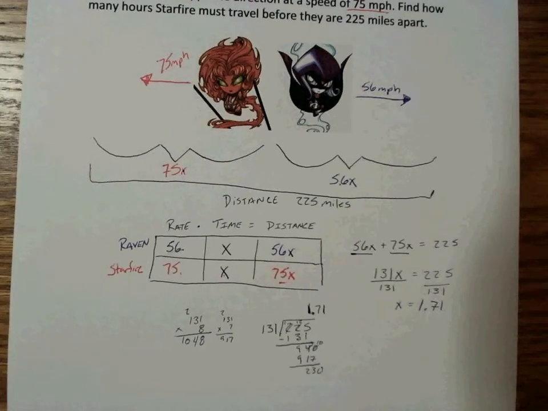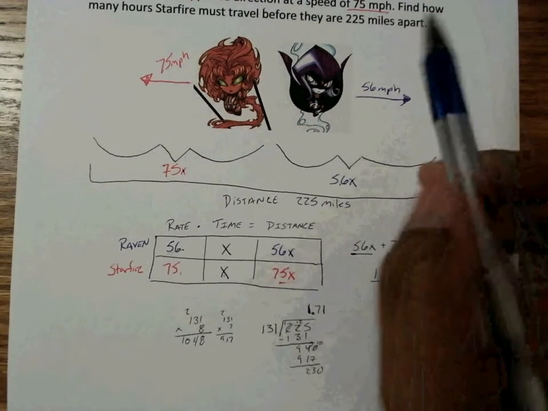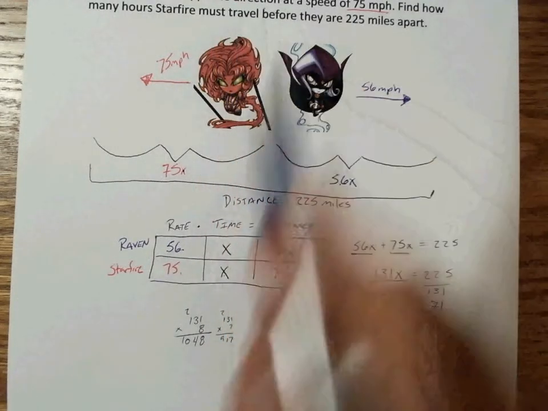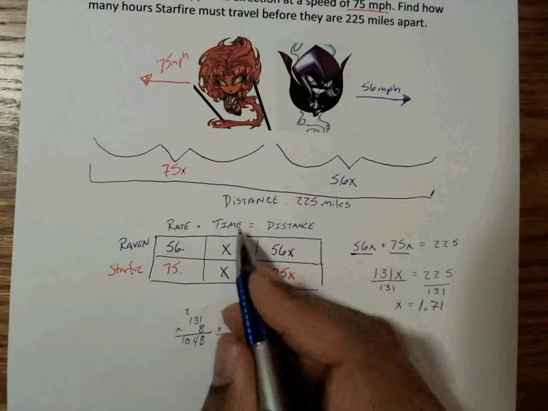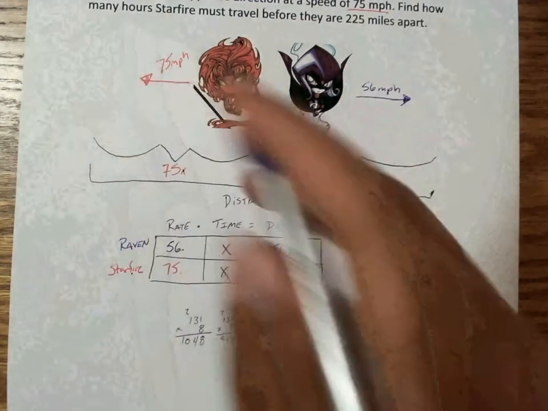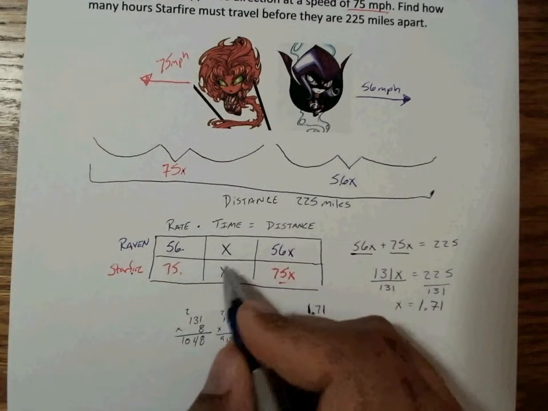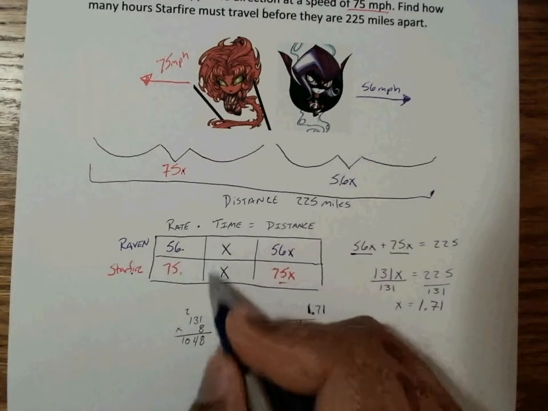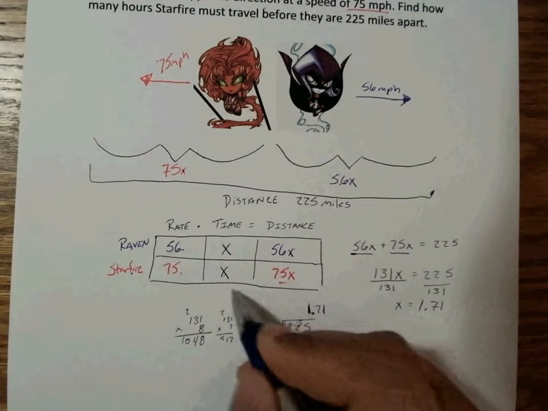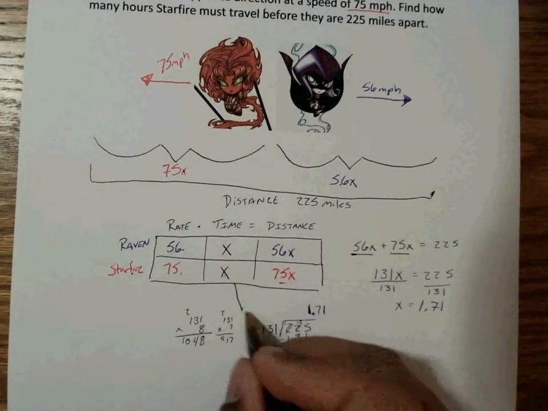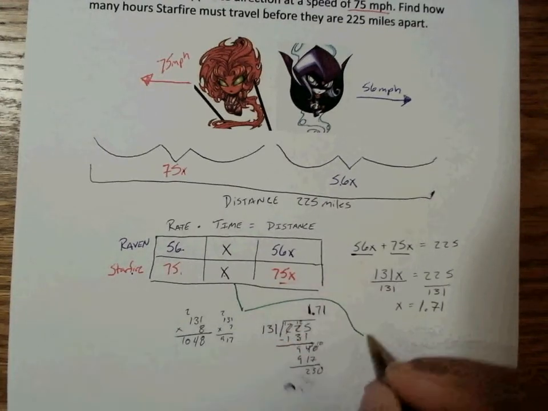Is that our answer? No, because we always want to write a complete statement. What we're trying to do is find how many hours Starfire must travel. So we look at Starfire and we look at her time, because time is the only thing that is a measure of hours. So we know our answer is going to be our X value. I'm going to draw a little arrow so we can see what's going on. I'm going to take my X and pull it along over here.